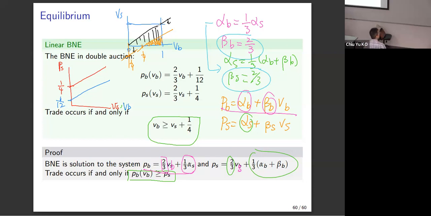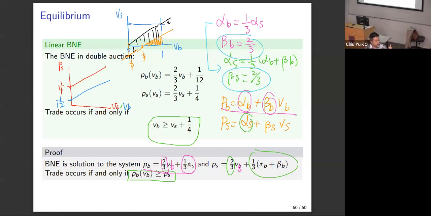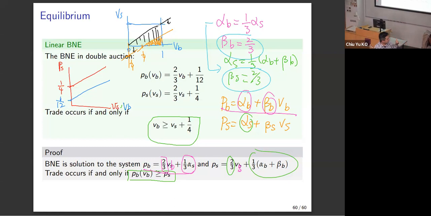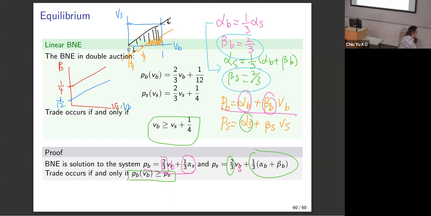I probably think that in general, if without any social norm, this might be more reasonable, right? What you're going to say is, the buyer would just think about what's my price I'm going to do, right? I just look at my valuation. I just take into account a little bit, 2/3 of that.